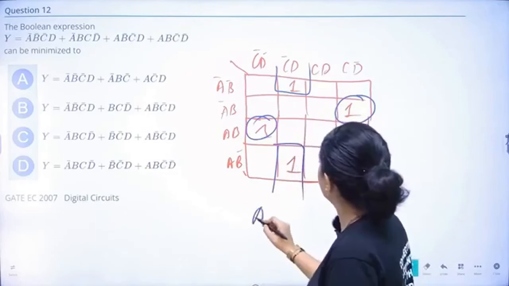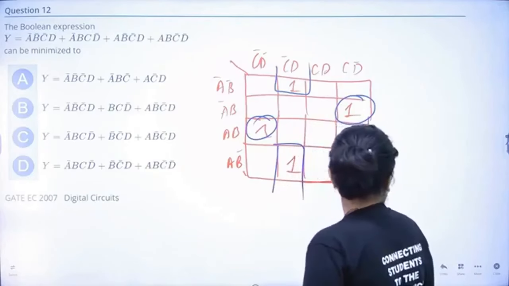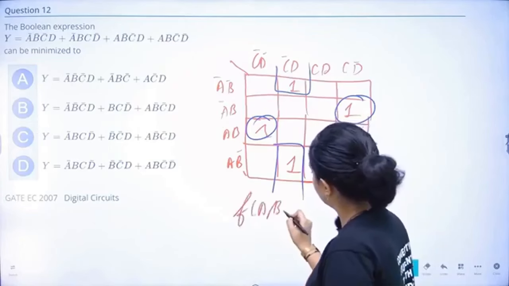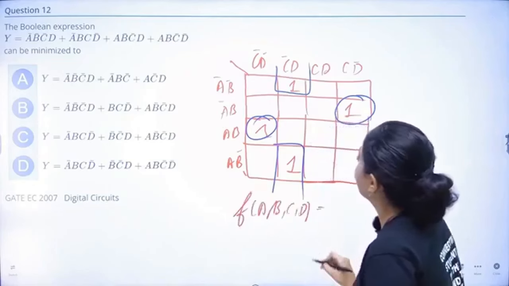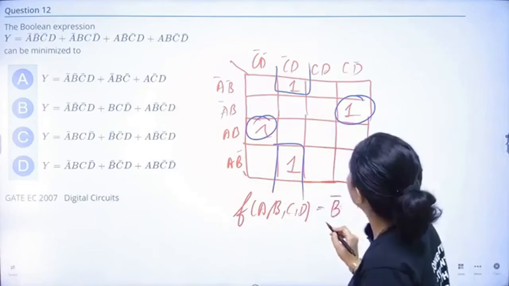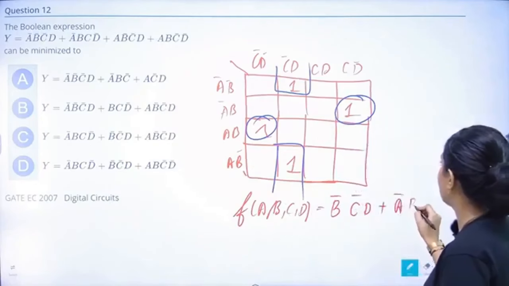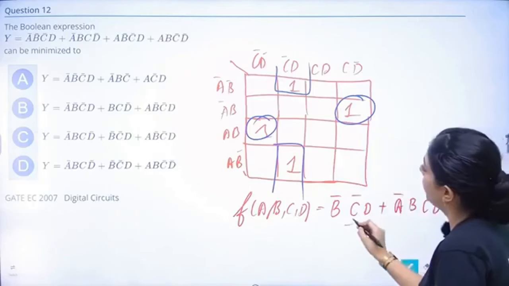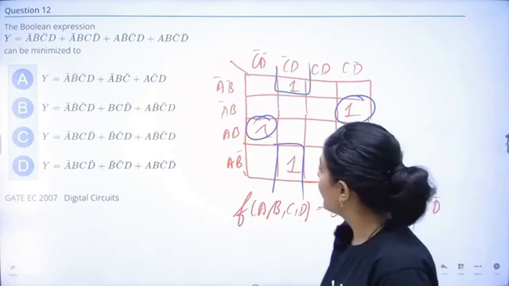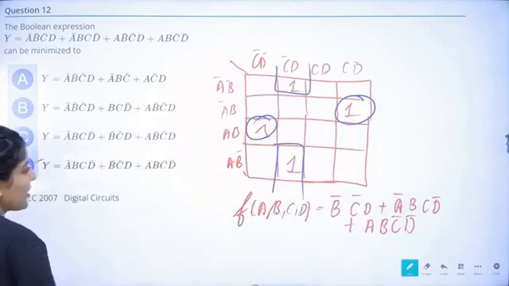The pair will become B bar is common and the A bar term as it is. A B bar plus, and option satisfies it, or C option.